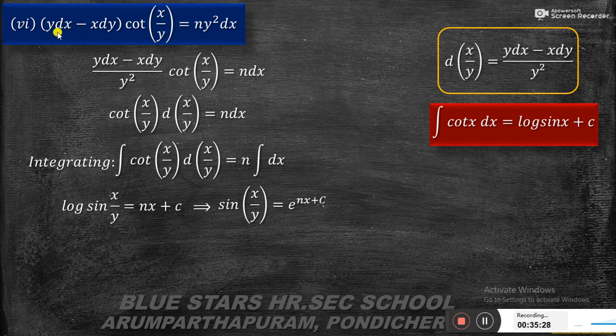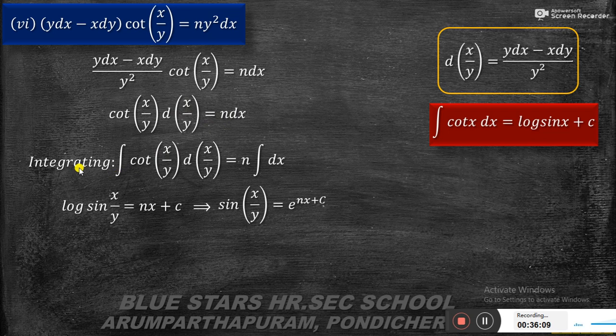You see, y dx minus x dy, this y^2 we write on the left-hand side, so (y dx minus x dy) by y^2 into cot of (x/y) equals n dx. You see this formula, the differentiation of x/y is (y dx minus x dy) by y^2. So I replace it with d(x/y), therefore cot of (x/y) into d(x/y) equals n dx.